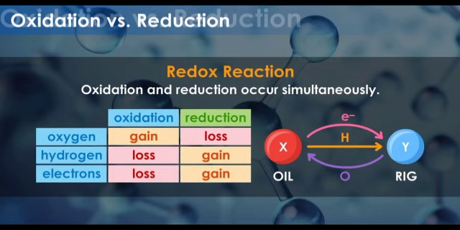Step 8 says add the half reactions, cancelling out stuff that appears on both sides.